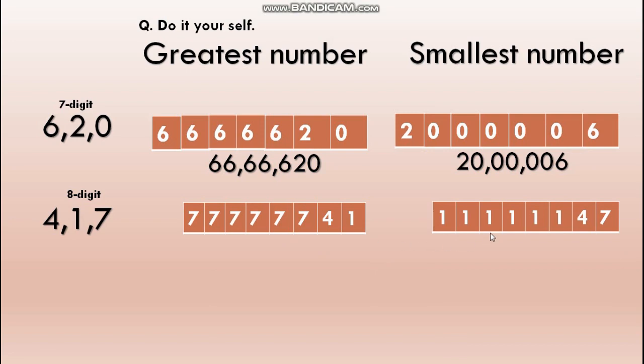Here is the smallest 8-digit number formed from the given digits. So we have 7 crore 77 lakh 77,741 and 1 crore 11 lakh 11,147.